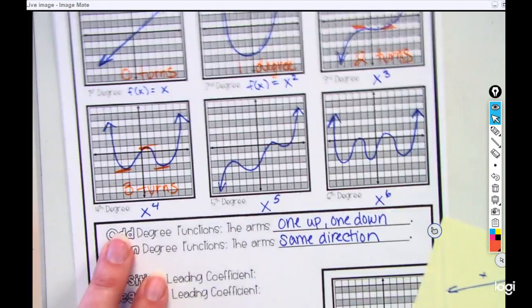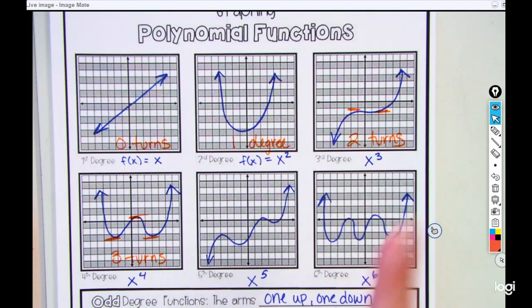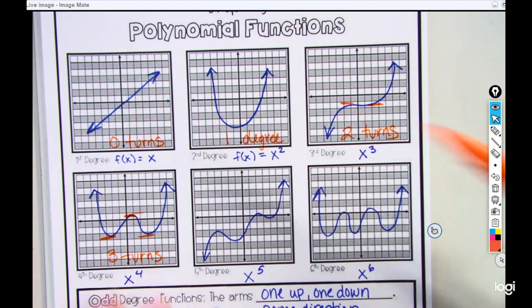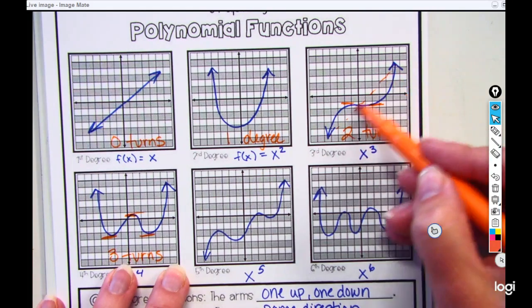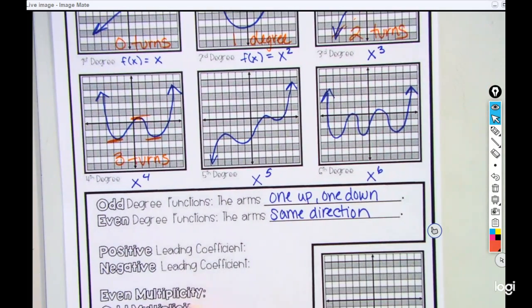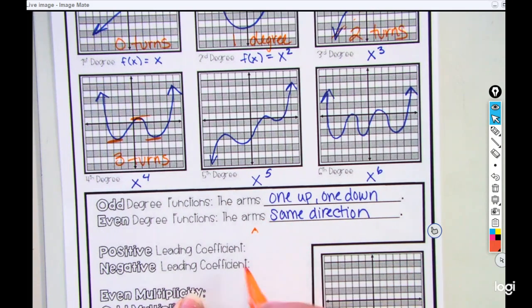So I want you to look here. Is this a positive or a negative function, this guy right here? Positive. Because what arm is in the air? Right. If you needed to, you could connect the ends and you could see that you have a positive slope, right? So what would a negative slope look like? What arm would be in the air? Left. Here's negative, right?